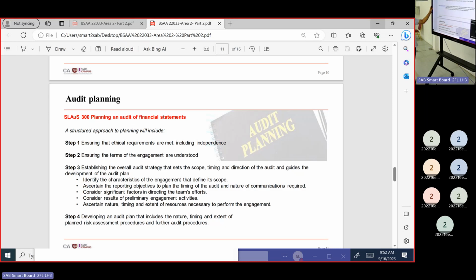The audit plan is a byproduct, an outcome from the audit strategy. Audit strategy means the scope, timing, and direction of the audit. Audit plan means nature, time, and extent.